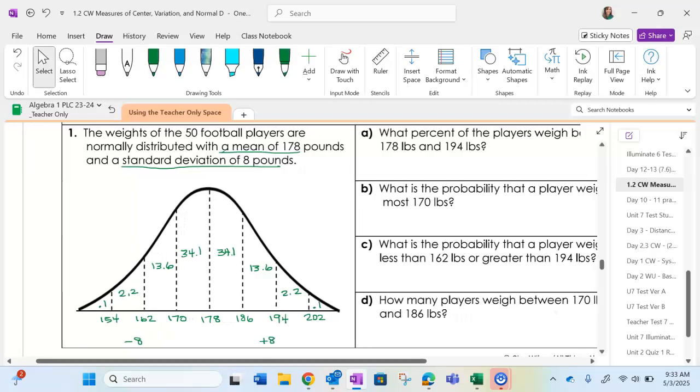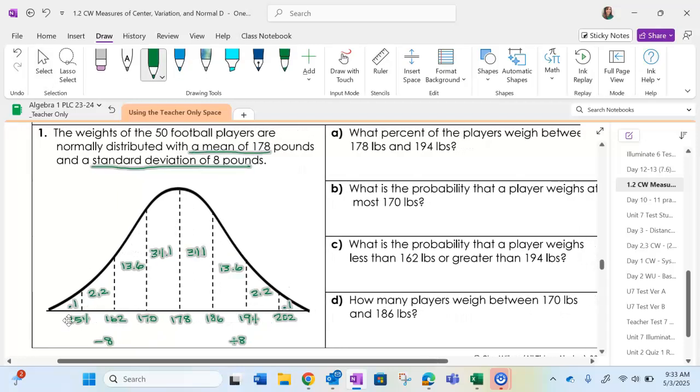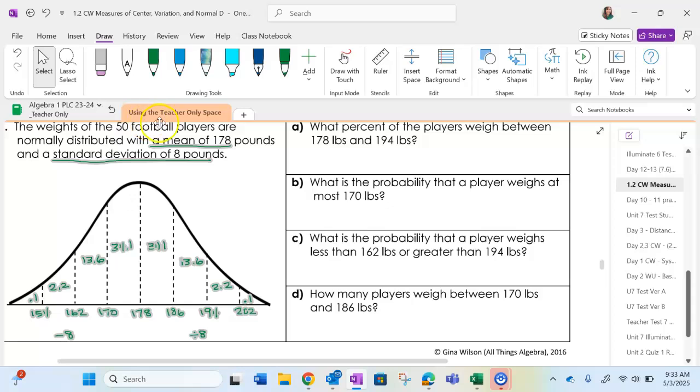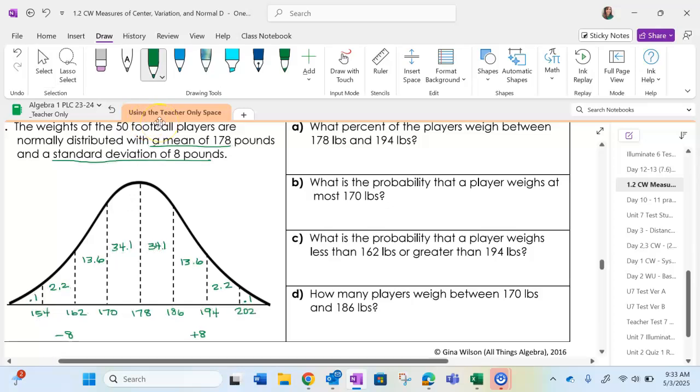So let's see what we can do. It says, what percent of players weigh between 178 and 194? Okay, so I'm going to come over here and look at 178. Here's 178 and 194. So it says what percent? So I am going to add the percents between 178 and 194.